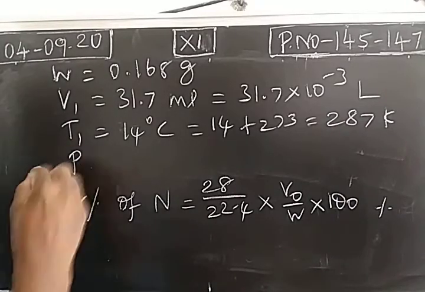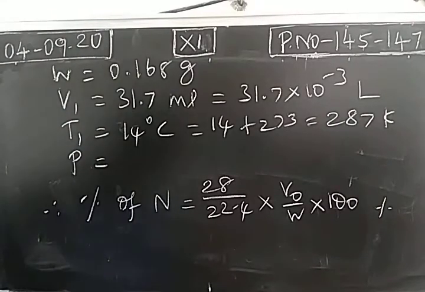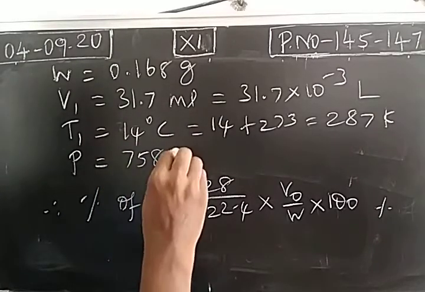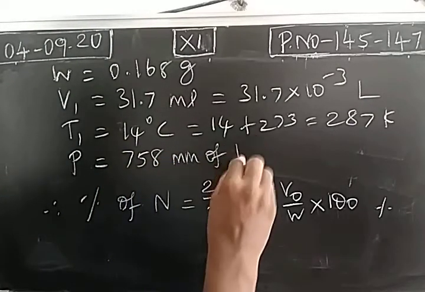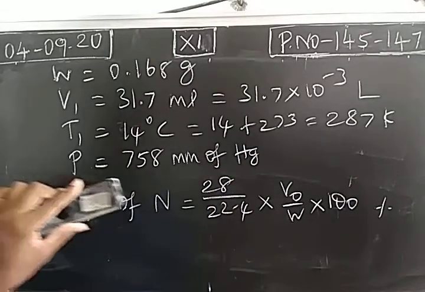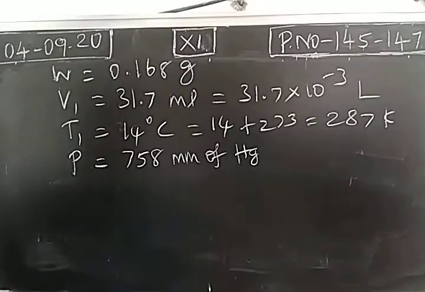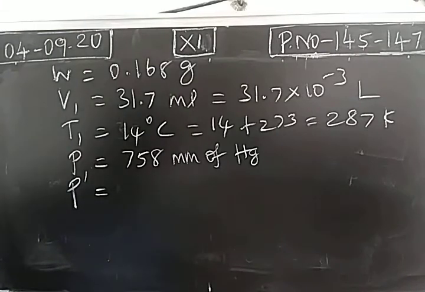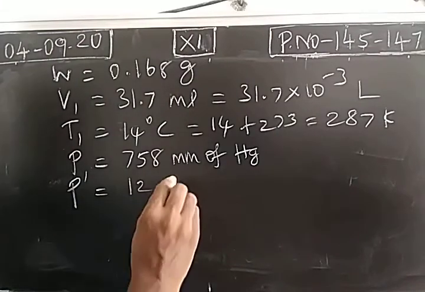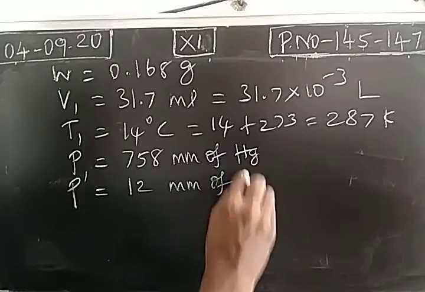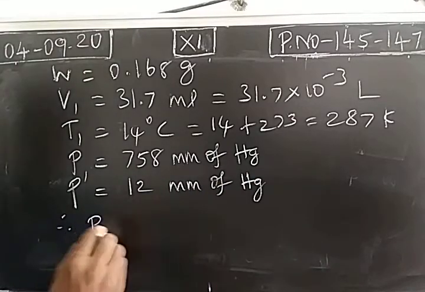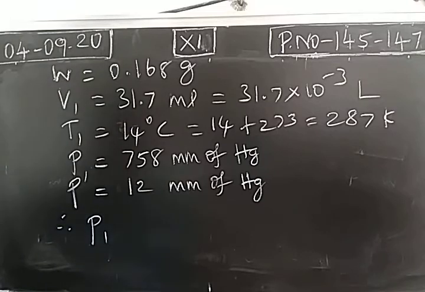Next, atmospheric pressure is given as 758 millimeter of mercury. Aqueous tension, P dash, aqueous tension, is given as 12 millimeter of mercury. Therefore, what is the pressure of nitrogen gas at room temperature?